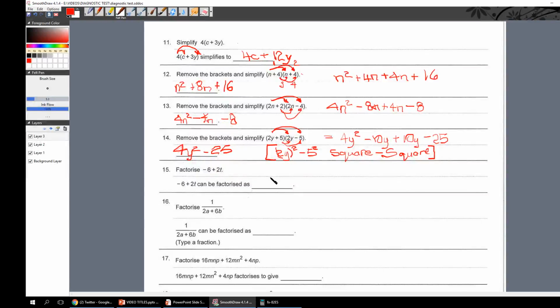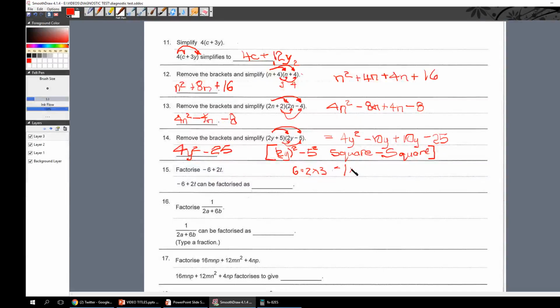All right, 6 plus 2t. So what we've got to look at here is, now 6 is equal to 2 times 3, and 1 times 6 as well.